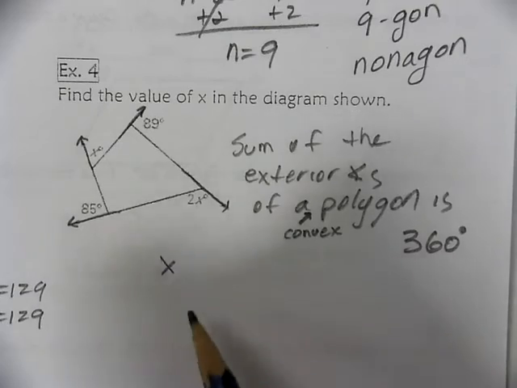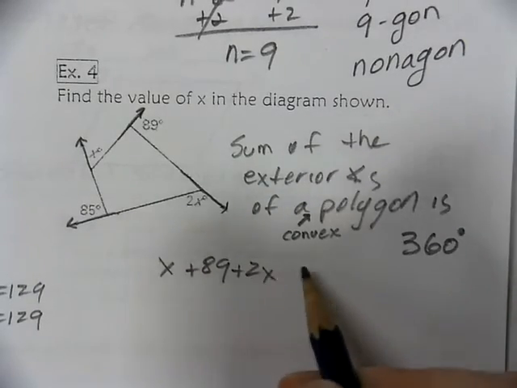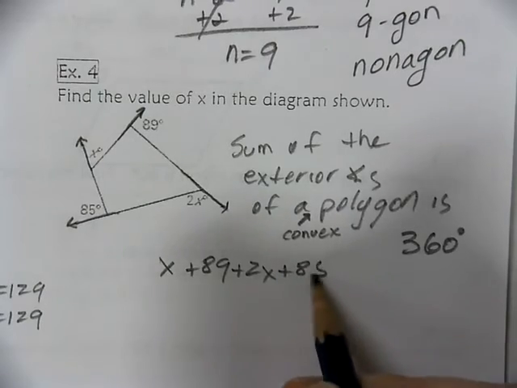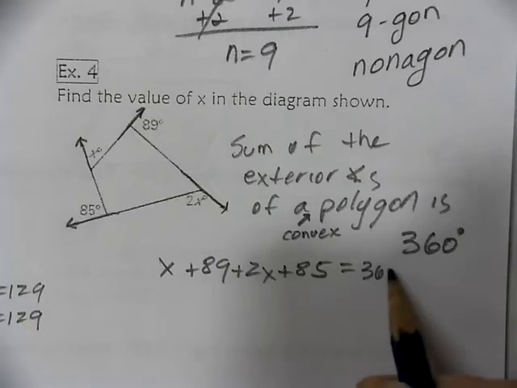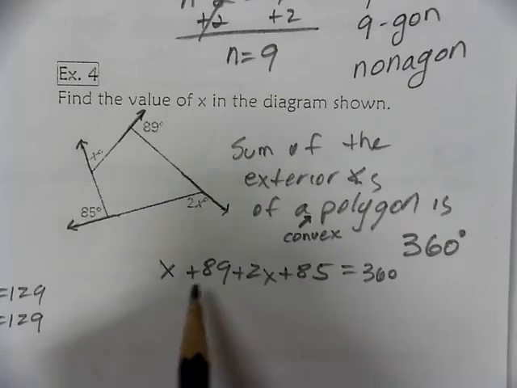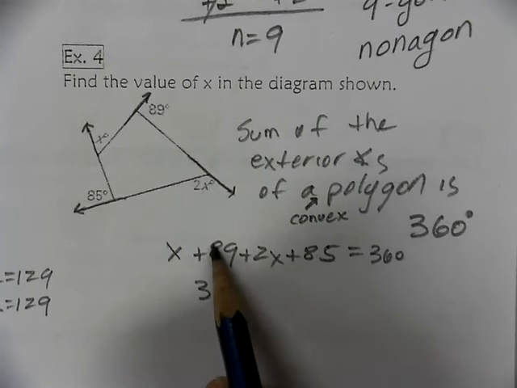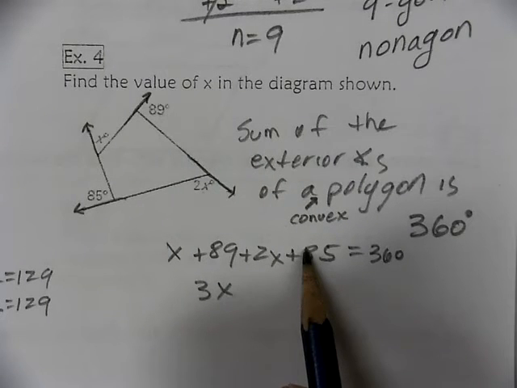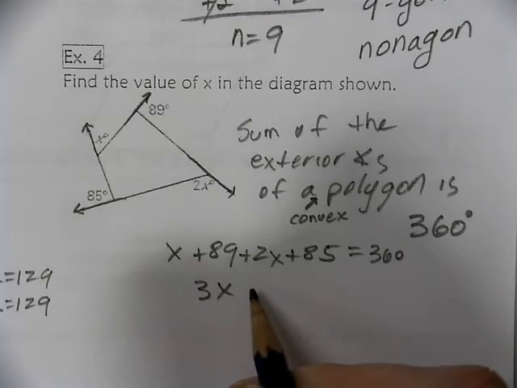So we're going to take our x plus our 89 plus our 2x plus our 85 and equal that to our 360. That's going to get me 3x plus 174.